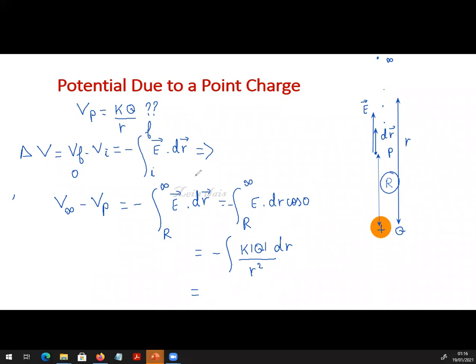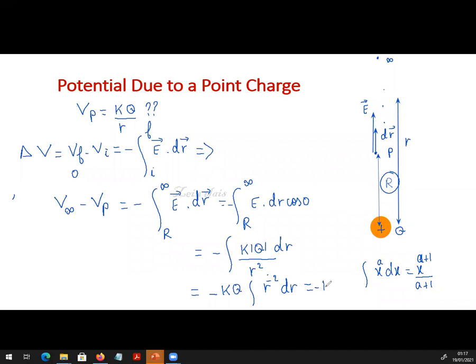Equals minus. K is constant, Q is constant, and inside the integral we get R to the power of minus 2 dr. You know, the integral of x to the a dx equals x to the a plus 1 divided by a plus 1. Here a equals minus 2.